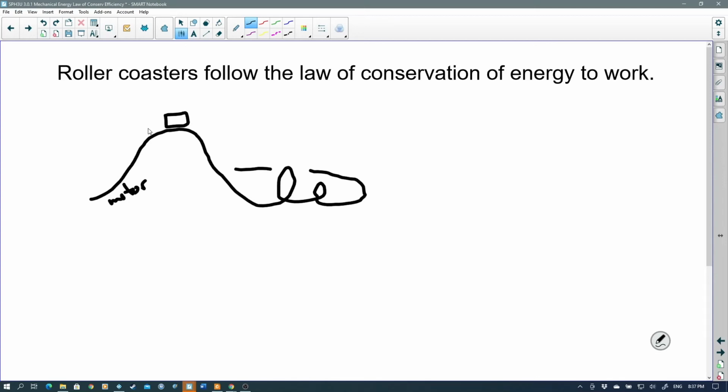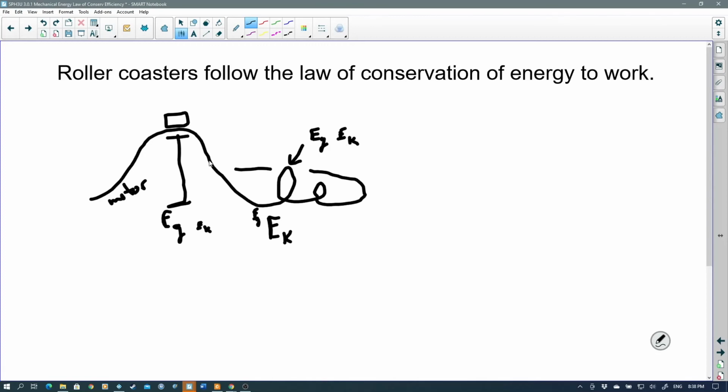But at that point, there is no longer any propulsion on the roller coaster. It has its maximum gravitational potential energy and no kinetic energy at all, if any. As it comes down the hill, that gravitational potential energy is going to get really small, and the kinetic energy is going to get really big, and you're just going to have these exchanges between gravitational potential energy and kinetic energy. At the top of the hill right here, it's going to have a combination of both. It's going to have gravitational potential energy and kinetic energy.